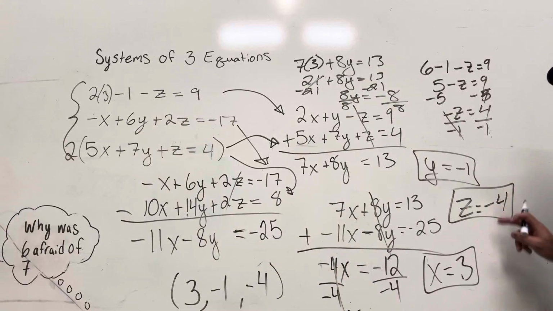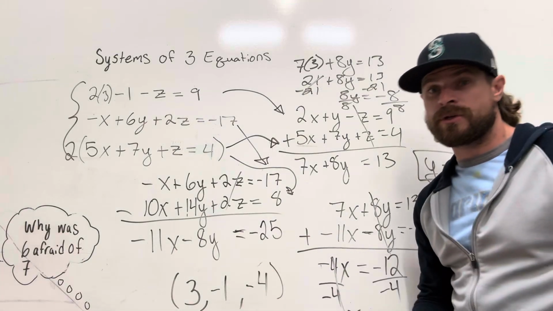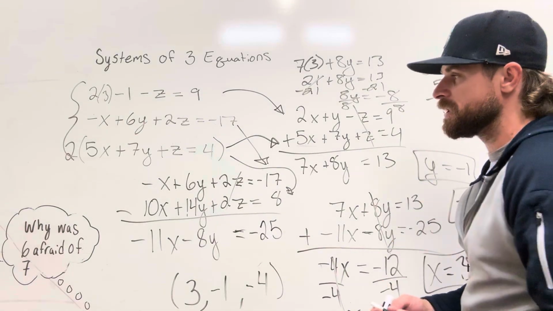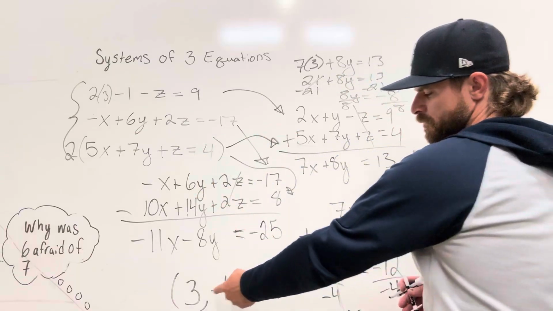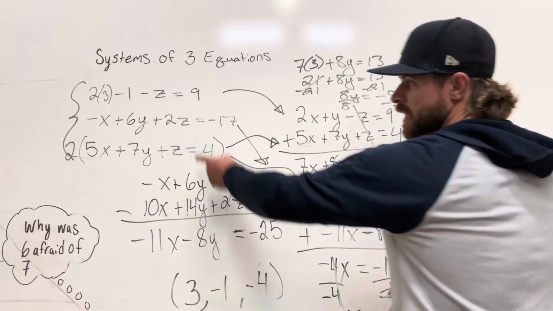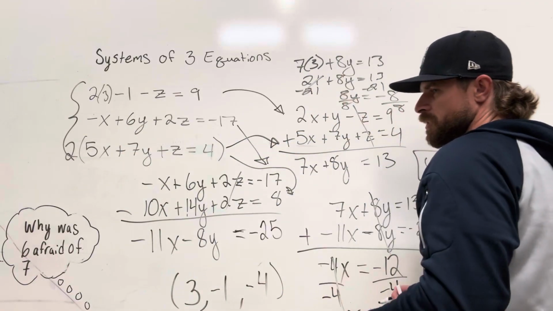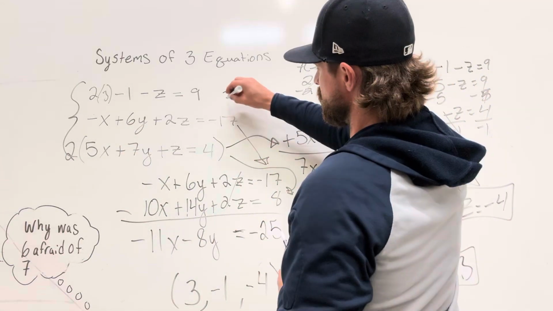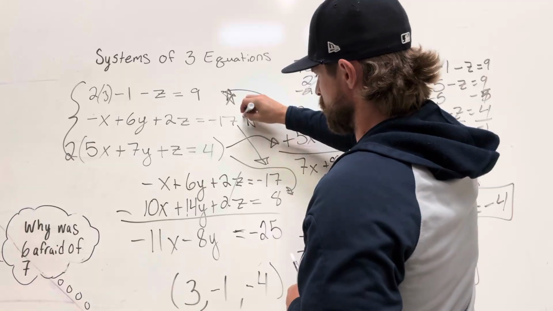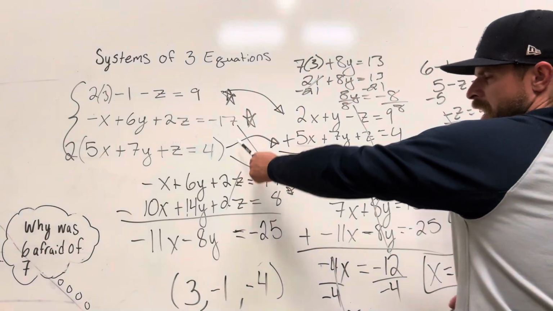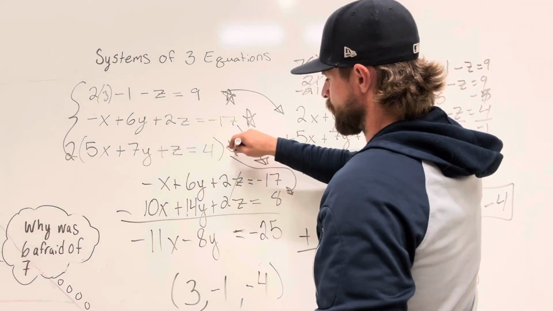That is your z. Now you could go back through and double check these, and I absolutely would. I'd take 3, negative 1, negative 4, plug it into the first equation, plug it into the second equation, plug it into the third, and make sure it works. Honestly, once you plug it into the first 2, if it checks off of this one, it checks off of that one, pretty high likelihood it's going to also work for the third and final equation.